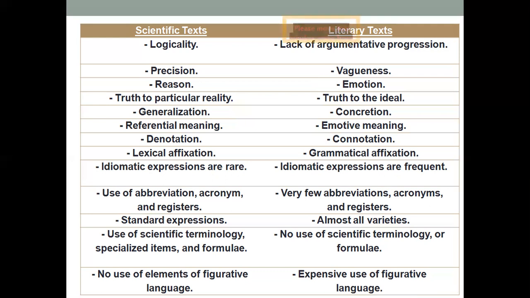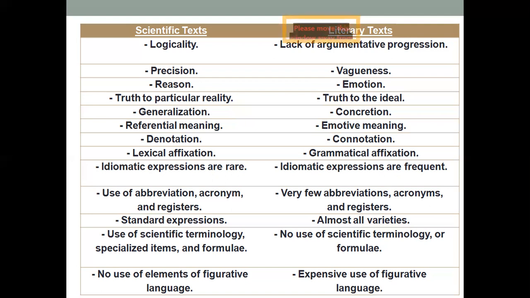We do not have argumentative form. Also, in scientific texts, the reason is very important. It is very important to mention or to investigate the reasons of a certain phenomenon, for example, or to introduce a detailed explanation of a certain theory.